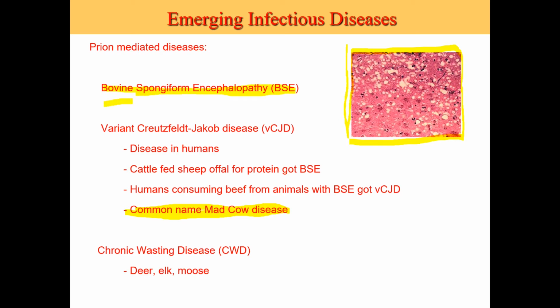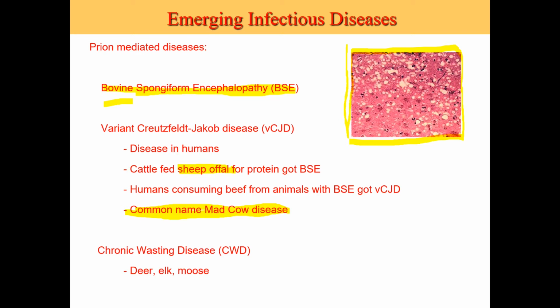Bovine refers to cow. What happened was, in fact, cattle were being fed sheep offal. Offal is the viscera and anything that's left over after the sheep are slaughtered, and whatever is not used for the food industry was being ground up and incorporated into feed for cattle.